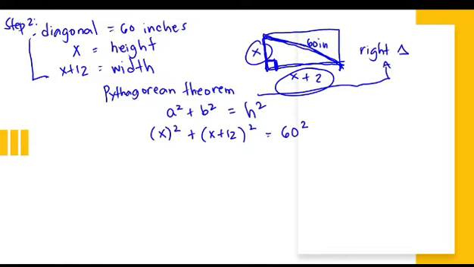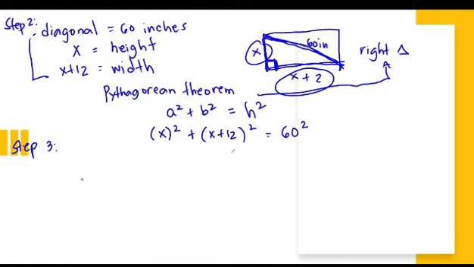So, nakapag-formulate na tayo ng equation using the Pythagorean theorem. Kasi nga, meron tayong right triangle. So, let's now have step 3 in which we're going to carry out the plan. So, we are now going to simplify this and write it in the standard form of a quadratic equation. Okay? So, let's deal with this now.